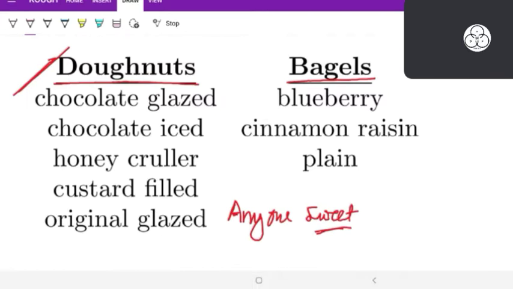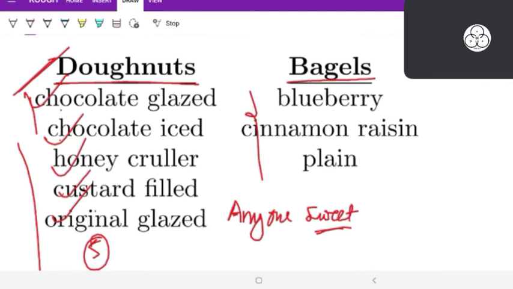It's not the case of dependency. So any one sweet, we can choose any of these. There are 1, 2, 3, 4, 5 options, or we can choose anyone from here. 1, 2, 3. There are 3 options.